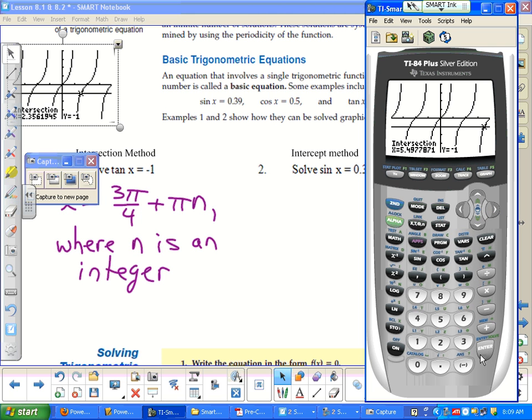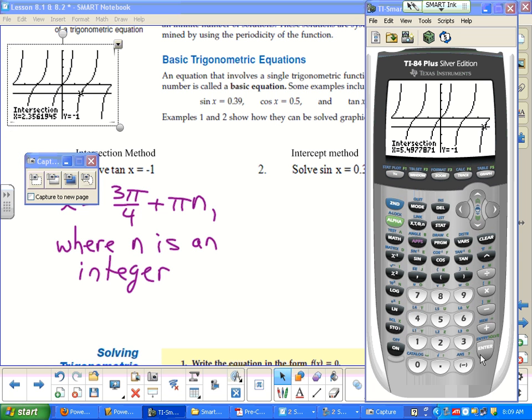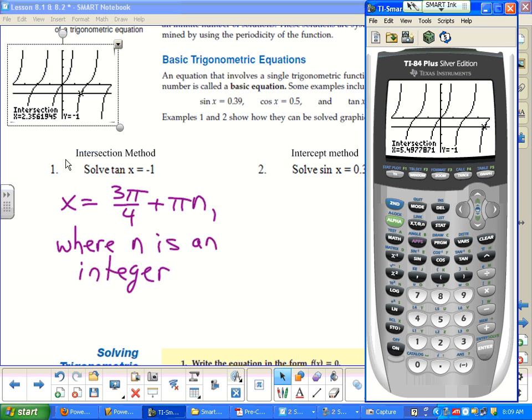It's 5.497. So is 5.497 equal to 2.356 plus 3.14? Okay, all right. So that is a difference of pi. So we can say our answer is 3 pi over 4 plus pi n, where n is an integer.